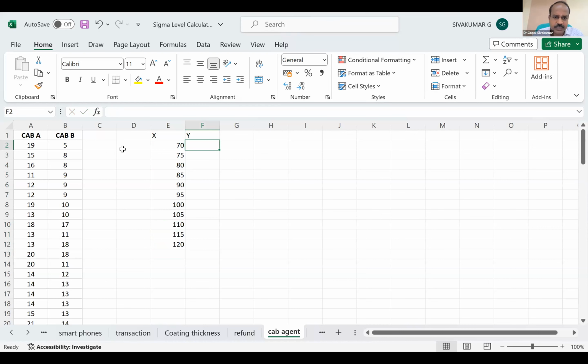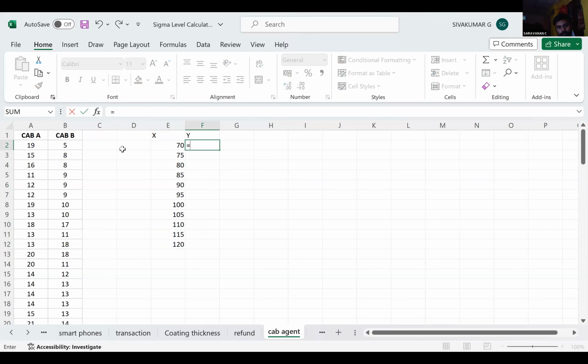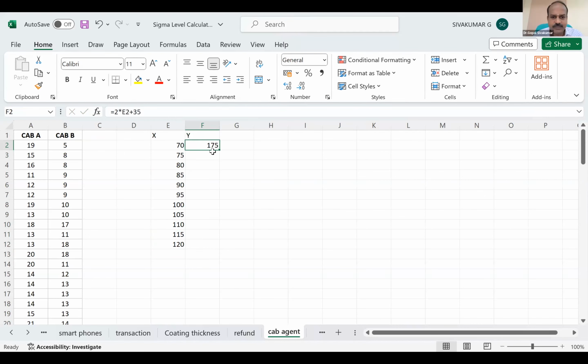Let me assume some relationship here. Y equals 2 times the X factor plus a constant. Let's say the constant is 35. Now I am getting the Y value.